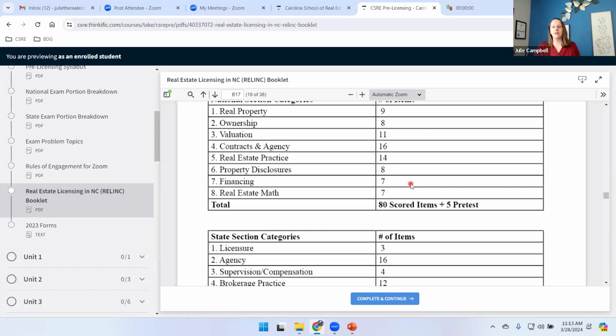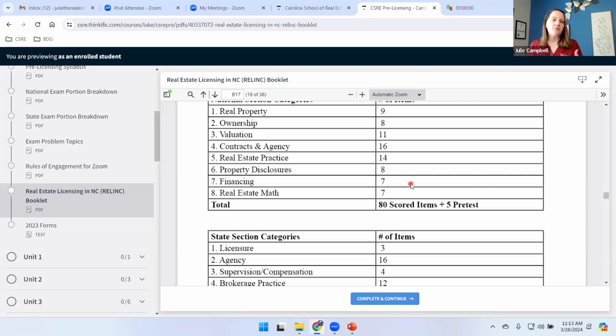We've also briefly mentioned post-licensing. I will talk more about post-licensing specifically when we get into our RELATE book, and then at the end we get into state-specific stuff. But just for now, no. Right now, you're in a 75-hour pre-licensing class. Once you get your license, you have to take 90 hours of post-licensing.